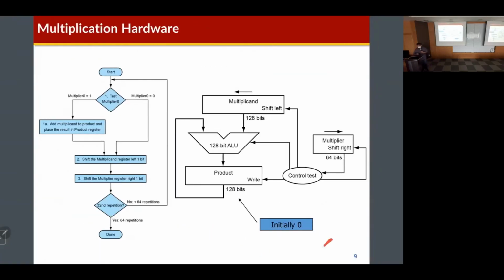So this is the hardware structure of the multiplier, and this video shows the flow chart of the multiplier.